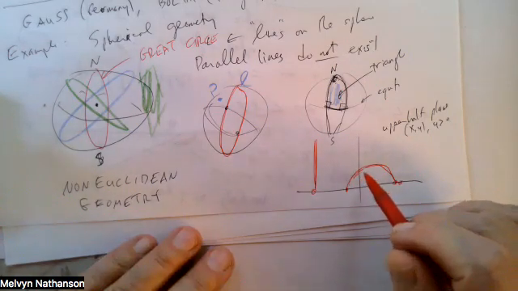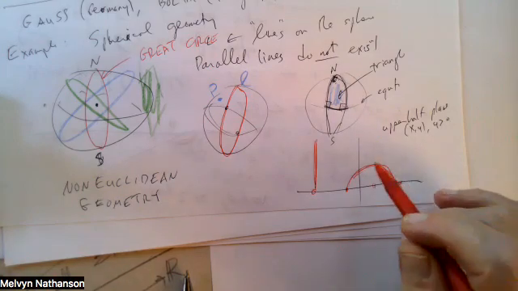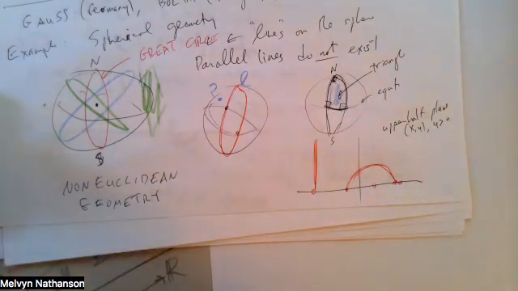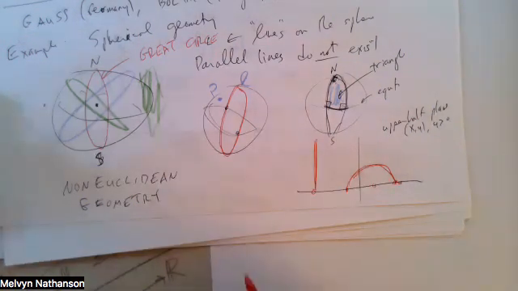And it turns out this gives a very nice geometry where the sum of the angles of a triangle is always less than 180 degrees. And here we have lots of parallel lines. For example, these are two lines and they're parallel.